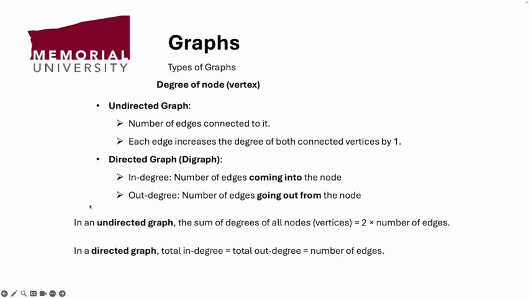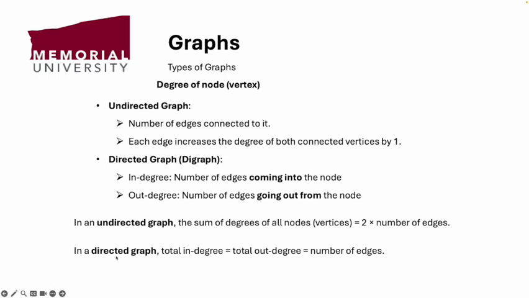Here are some relationships we can define regarding degree. In an undirected graph, the sum of the degrees of all the vertices equals 2 times the number of edges. This is easy to understand, because each edge has 2 vertices, so once you count, the total will be double the number of edges.